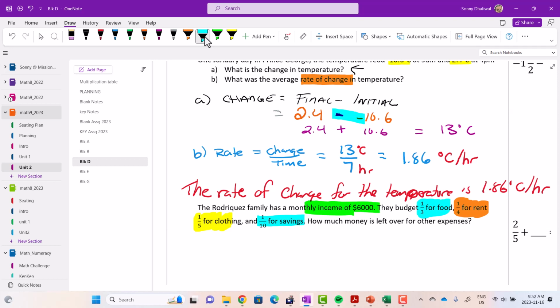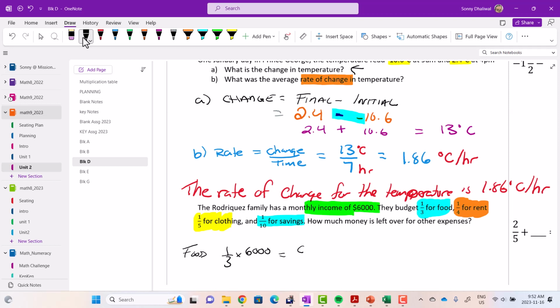If I say a third of their budget went to food, what does the word of translate into? Times. So a third of what? A third of 6,000. So for food, a third times 6,000.